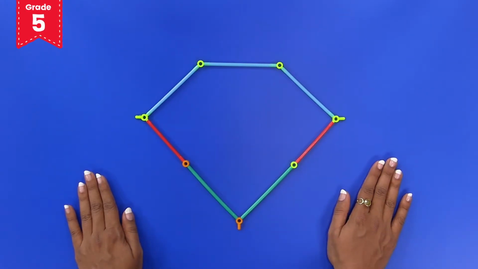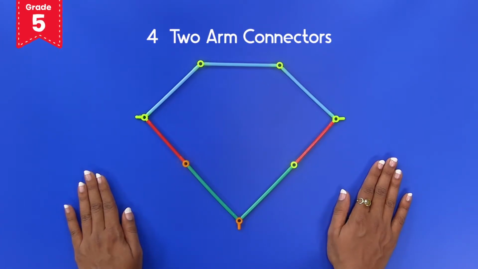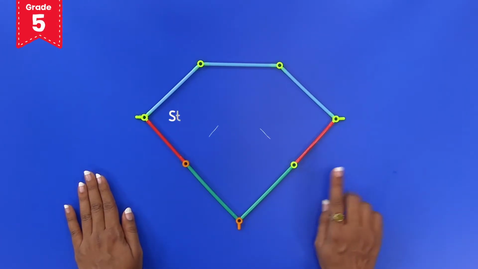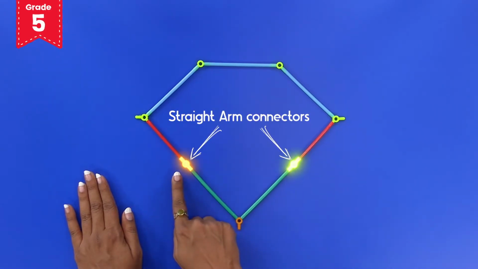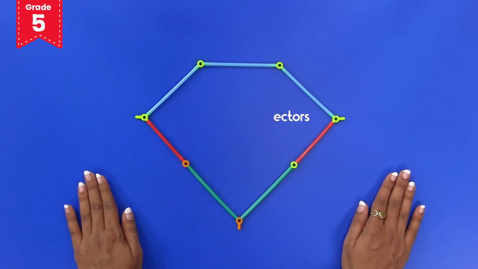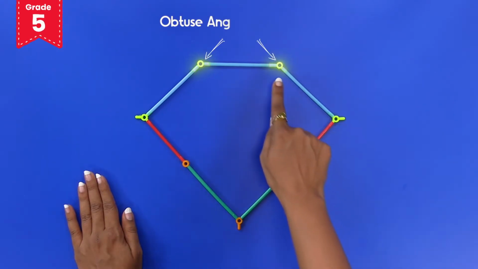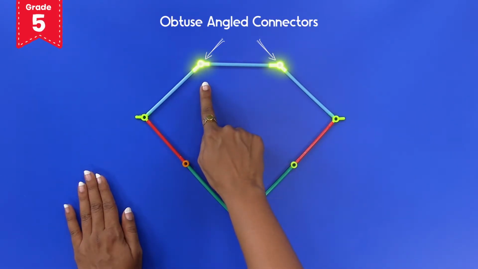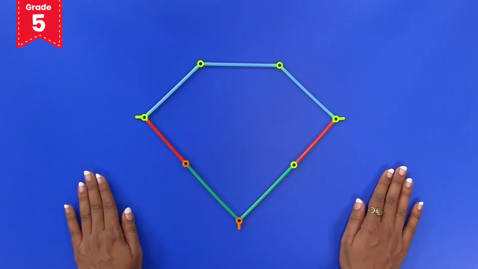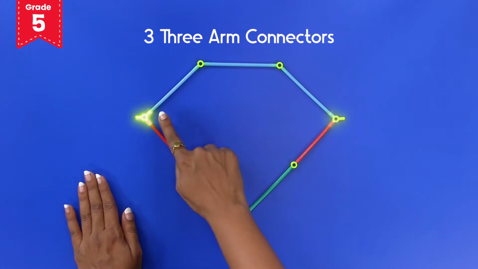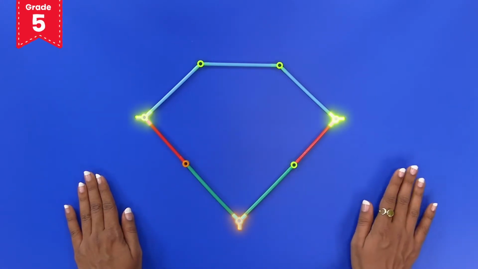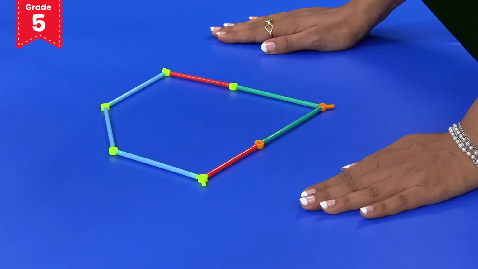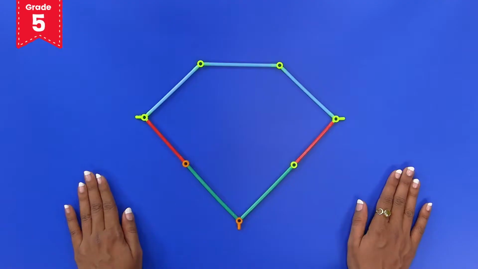We also require 4 2-arm connectors, out of which 2 straight-arm connectors and 2 obtuse angled connectors, as well as 3 3-arm connectors. After connecting the pipes and connectors, our shape will look like this.